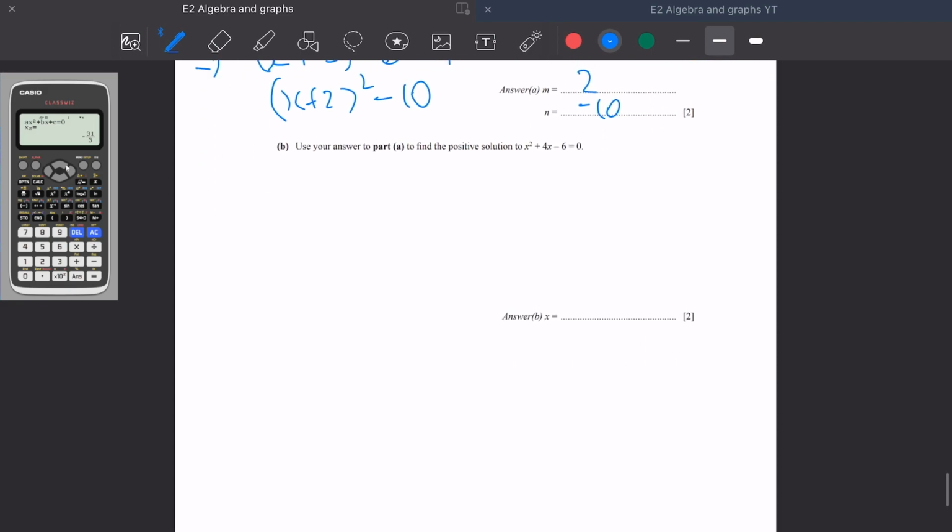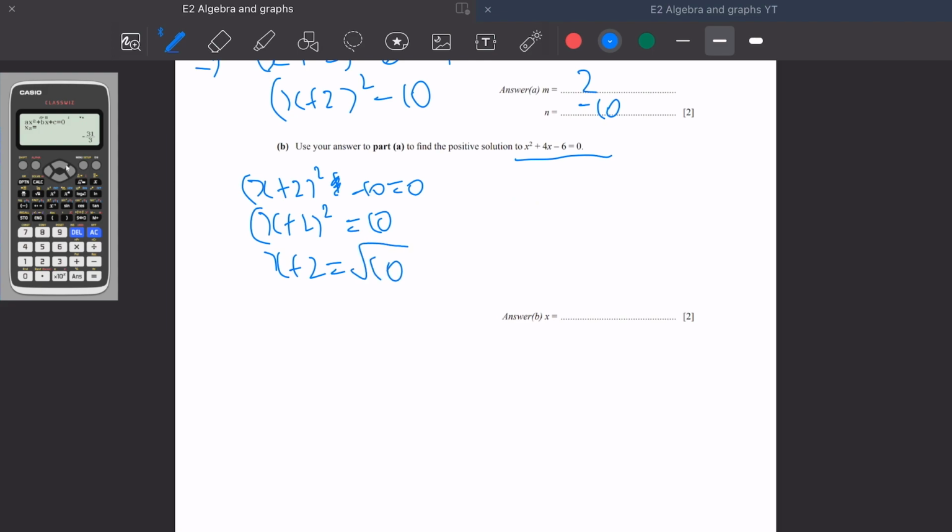Use the answers part to find the positive solution to this. So x plus 2 whole squared minus 10 is 0. x plus 2 whole squared is 10. x plus 2 is root 10. This can be plus or minus. x is plus or minus root 10 minus 2. Now you have to see which one would be positive. Would it be plus root 10 minus 2 or minus root 10 minus 2?